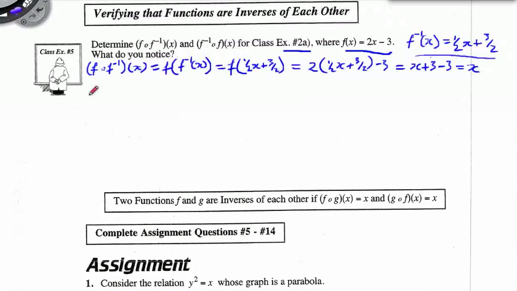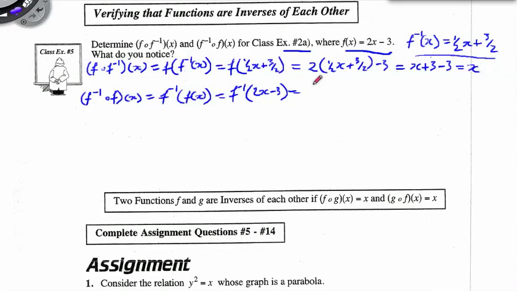So we can do the same for the other one, where we have f inverse of f of x. Writing it like this makes it easier to understand. We first of all take our f of x and plug it in here. That's 2x minus 3. And now we use this value in here and in here in the inverse function.